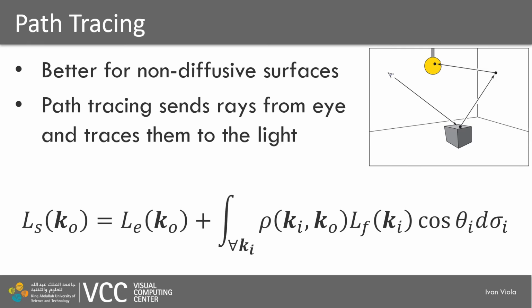So this was a technique, the particle tracing, where we started off from the light source and we were traversing in the scene. And the traversal has resulted in depositing of light energy.